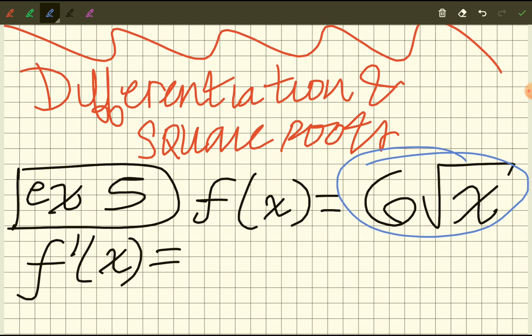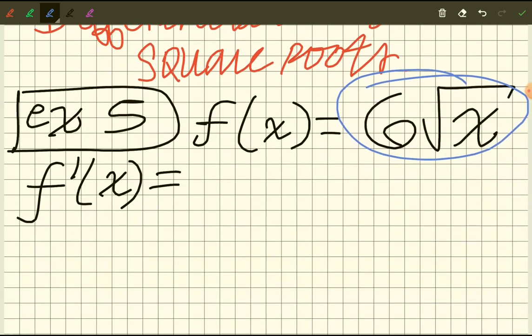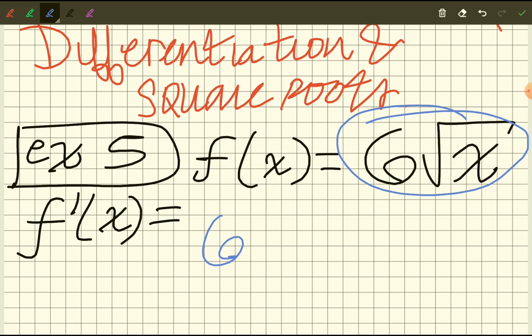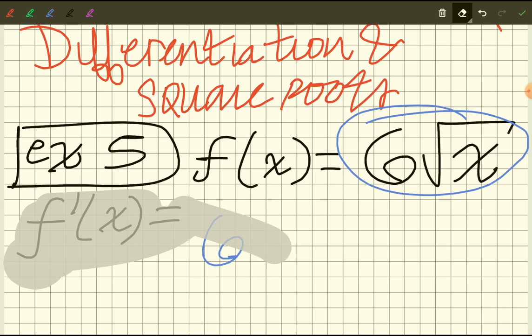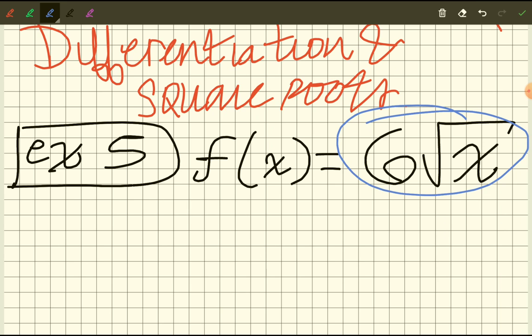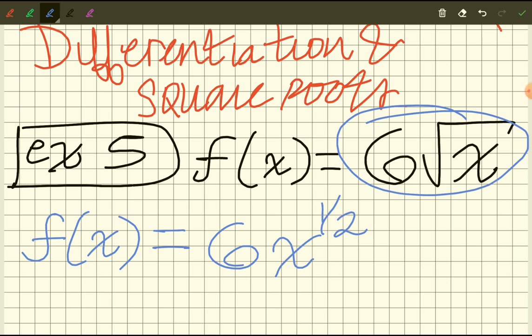Okay, so based on the little review we just did up here, I'm just going to rewrite the problem. f of x, really it's 6 times x to the 1/2.